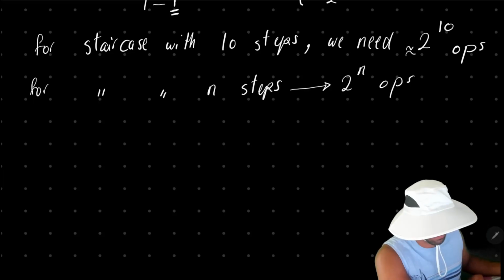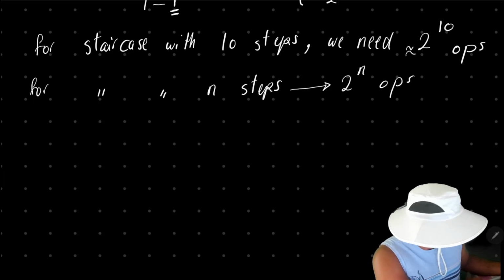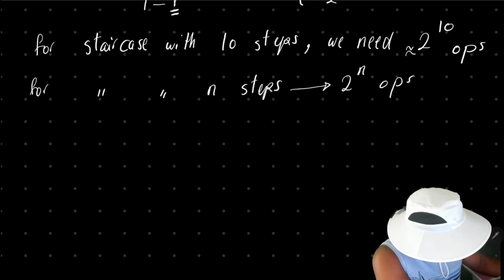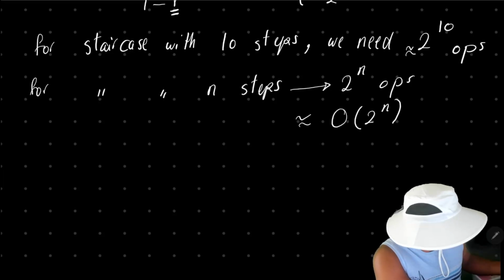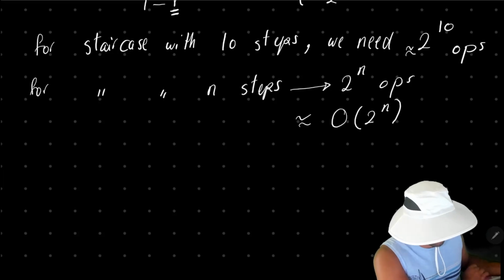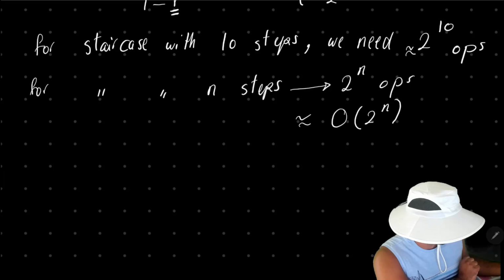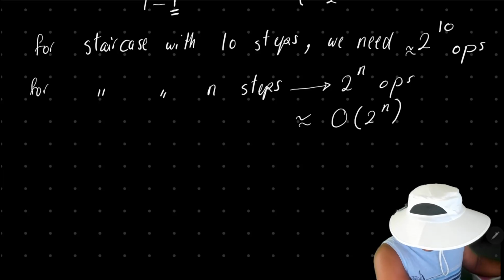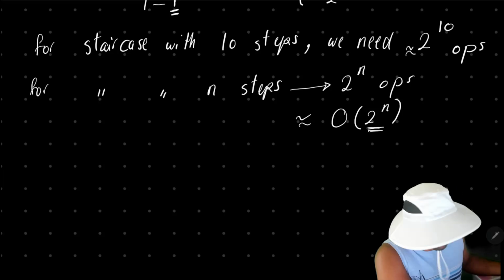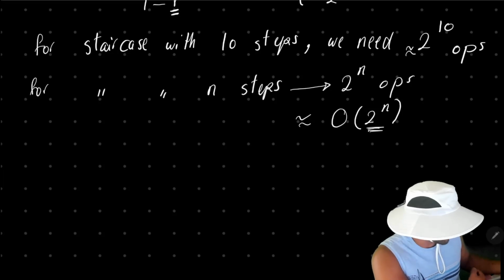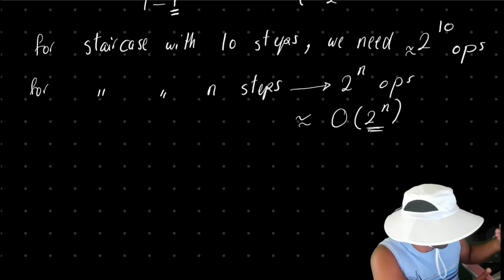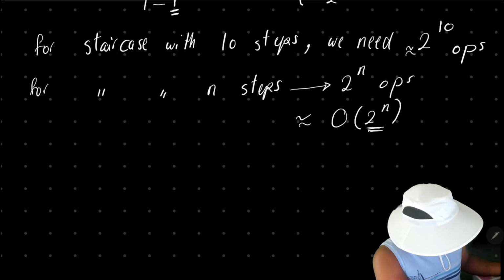So what is the runtime in that case? We write this as O of 2 power n, where n is the number of steps. 2 power n. That's terrible performance. Why is that? Because it grows exponentially. This is an exponential rate of growth, obviously, because you're multiplying by 2 every time. And that's pretty slow.